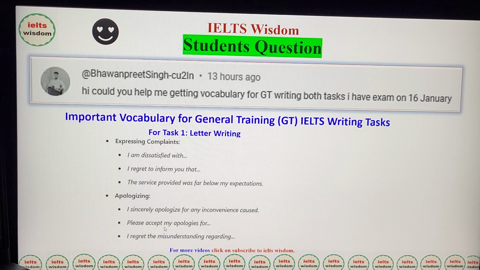Okay, so IELTS students, keep in your mind, pay attention to the topic, whatever letter you got in task 1. First, understand the topic, what type of letter it is. It is a formal letter or an informal letter. So formal letter is mainly when you are doing complaints, apologies, or some kind of regrets, right? So apologies, complaints, or dissatisfaction against any kind of situation, or you are expressing your concerns, or you are asking for some kind of request.